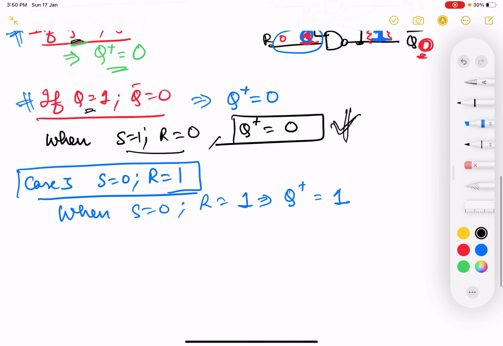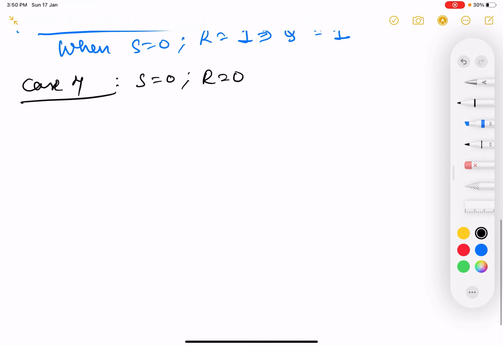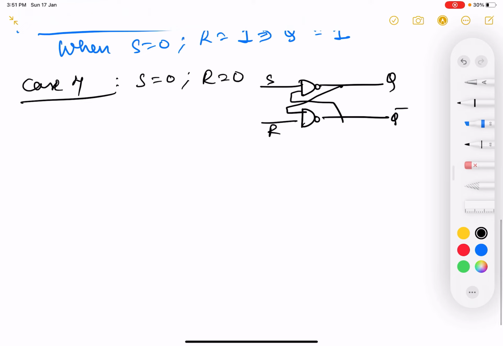Now I will discuss the last case, that is case 4. This is a bit different, so I am discussing this when we are applying S equal to 0 and R also equal to 0. I will draw the circuit, logic circuit, S, R, Q, Q bar. Okay.